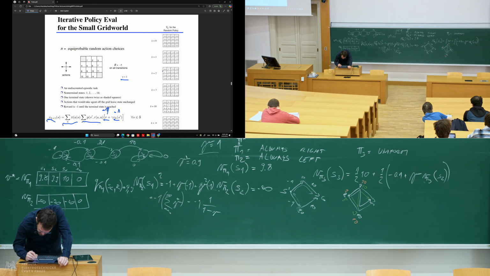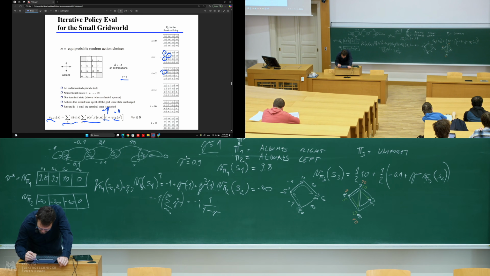Why is this different? So again, with 1/4, we will go here, which is 0. With 1/4, we will go here. With 1/4, we will go here. And if we go left, I didn't say that, but it was written there, you get -1 and you will stay on the same spot, right?